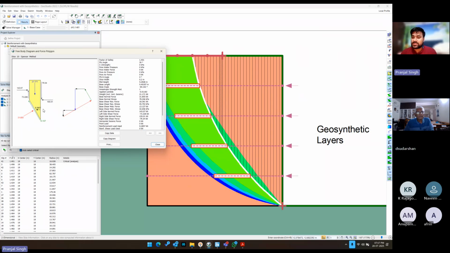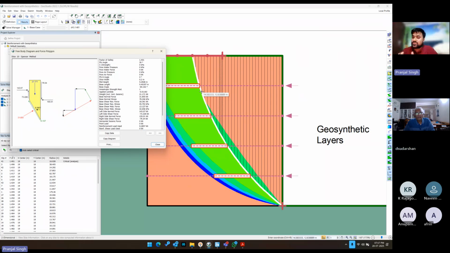But this horizontal force, which is the stabilizing force, helping to stabilize the slice, is coming from this reinforcement. So what is happening is when the soil mass, which is on the right hand side of the critical slip surface, is trying to move towards the right because it has failed, the geogrid actually acts as a net to stop the right hand soil mass from moving away.